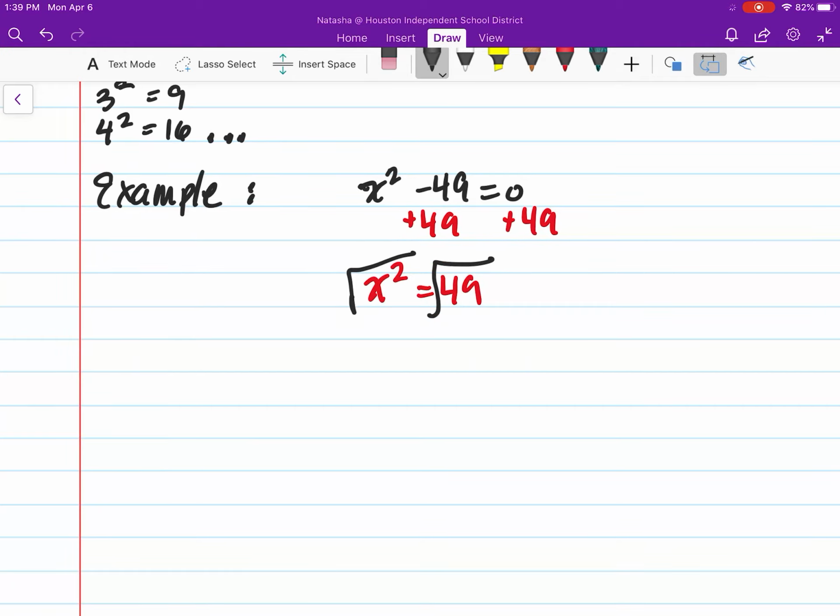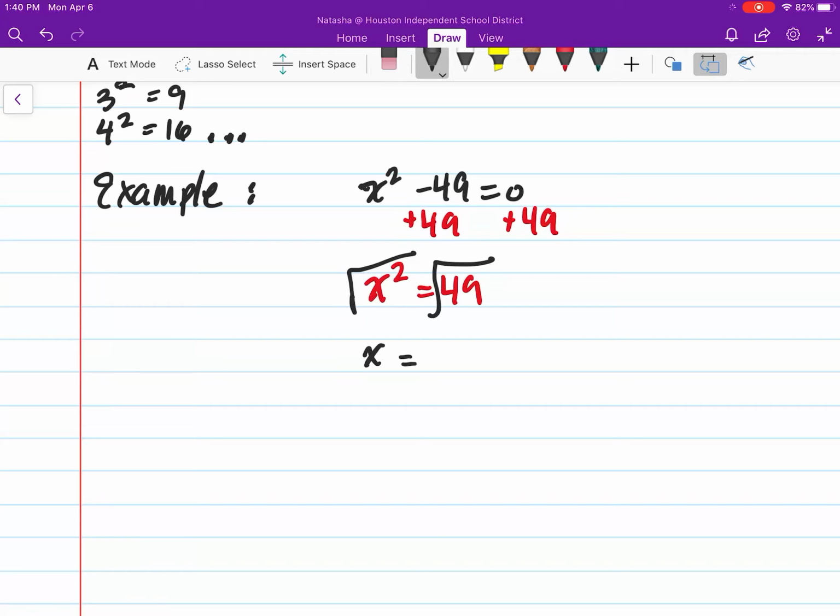So in order to cancel out and isolate x, I'm going to take the square root of both sides. When I take the square root of x squared, that's a perfect square, so the radical and one of those x's is going to cancel out, and you're just left with x. The 49 is equal to 7 times 7, so the square root of 49 is going to give you 7.